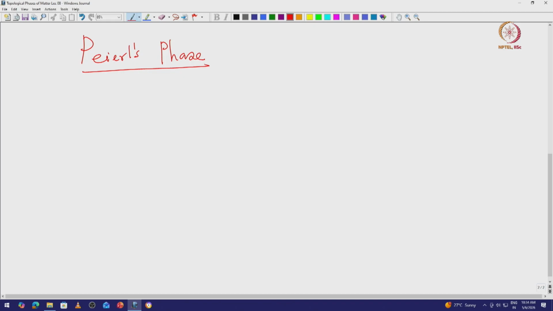Peierls, that's a person's name. Let's say I have some magnetic field, or you can even define it without defining the geometry. So, suppose I have a magnetic field in the system, and we have learned that the momentum operator, which is defined by the gradient operator, changes to the momentum operator plus the vector potential.